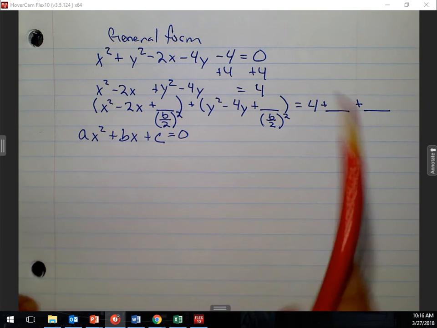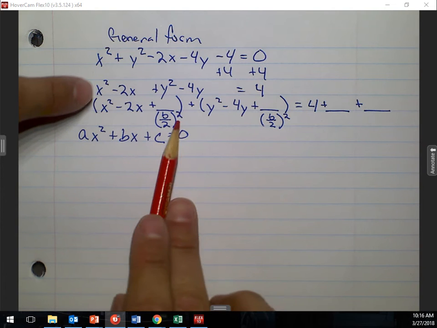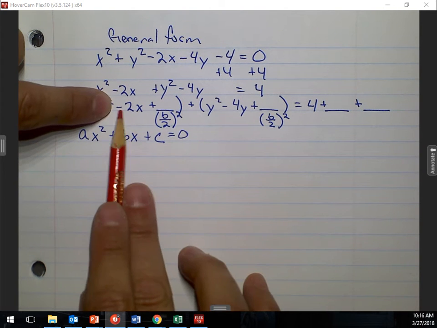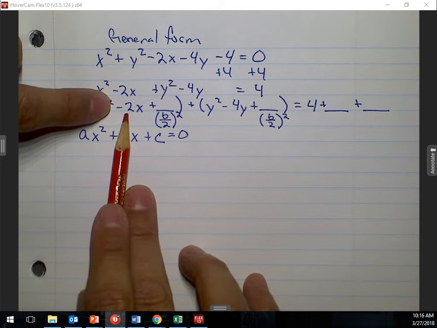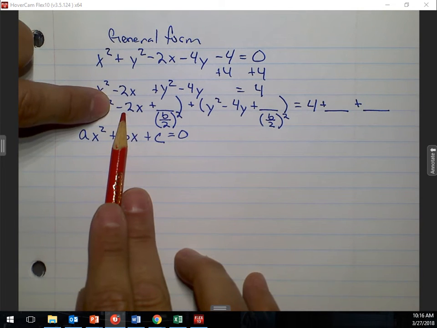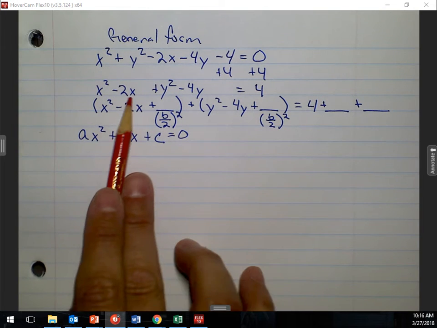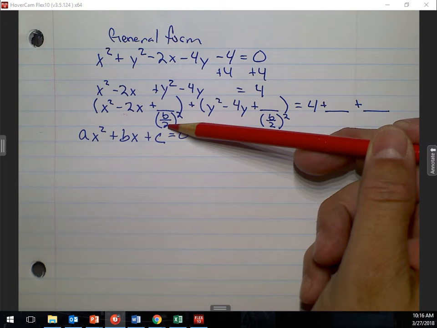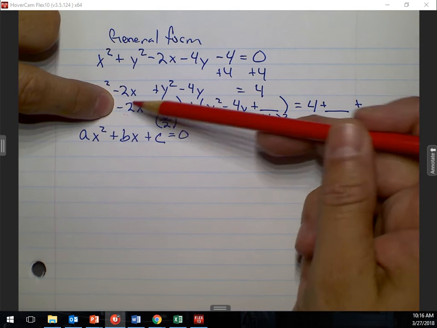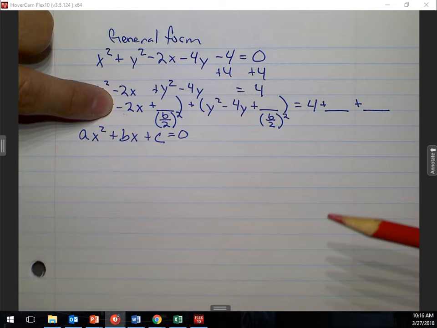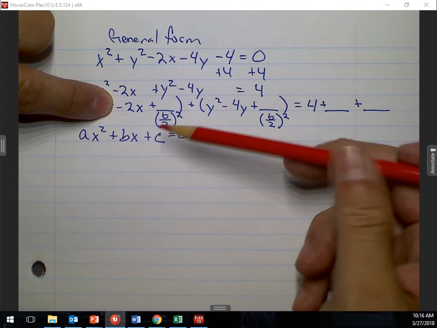All right, so what is the b value in this trinomial here? -2, right? Because it goes A, B, C. So -2 is my b value here. So it's -2 divided by 2. What's -2 divided by 2? -1, right?